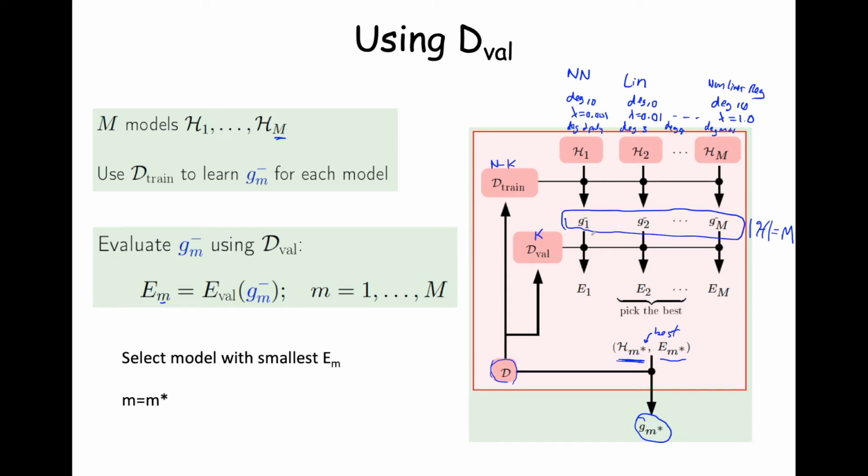We have a data set, D_val, and we use it to select some final best hypothesis out of this set of hypotheses. We do that by running it through the first one, the second one, the third one, and in doing so we take that E_val, that E_m, and select the best one. So this is kind of like a learning problem: you learn in the first stage, and then you learn in a second stage.